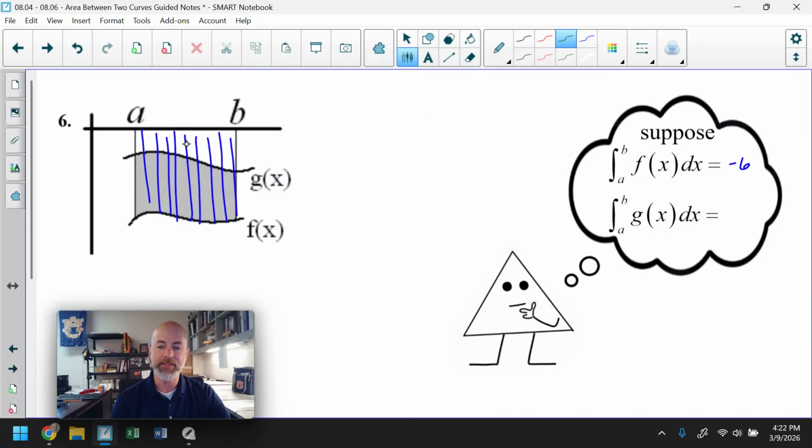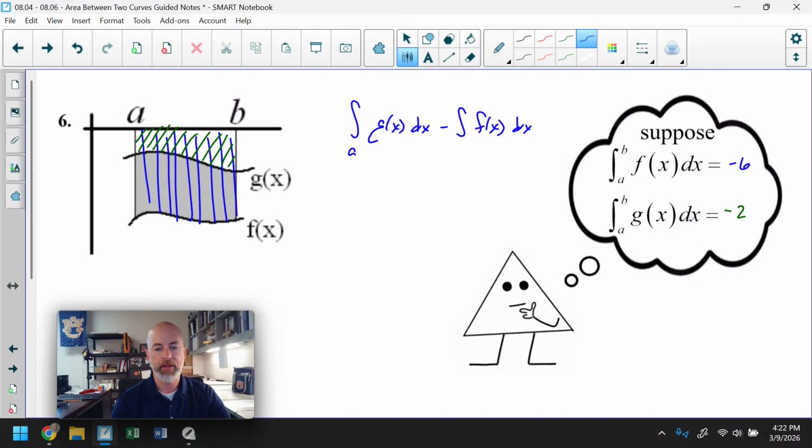And if that's the case, then the integral from a to b of g, which is this green region, is also going to be negative, but the magnitude of that area is less than that contained by f, so I'll call that negative 2. And so if it's negative 6 and negative 2, that's going to be an area of 4 between them. I can kind of play around with the numbers there, but we can get that positive 4 area between them by doing the antiderivative, and we'll actually start with g, negative 2, and we will subtract that area of f.